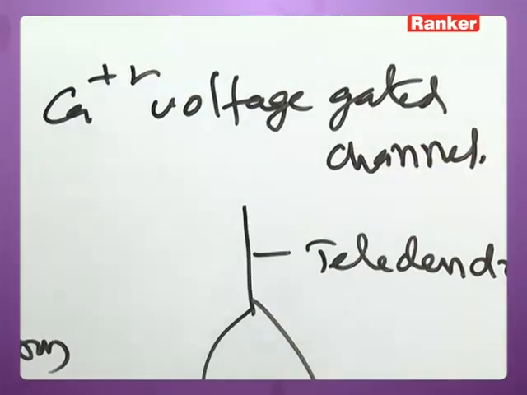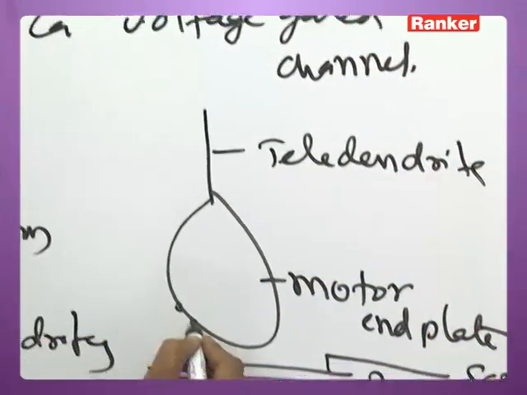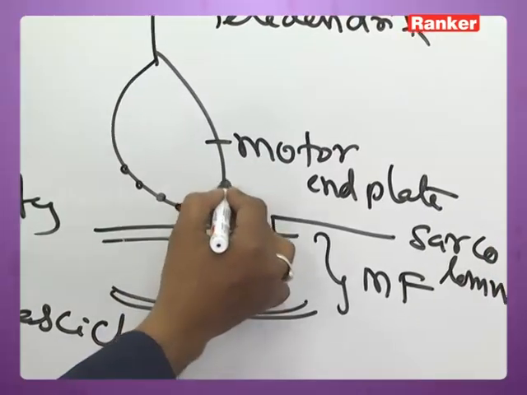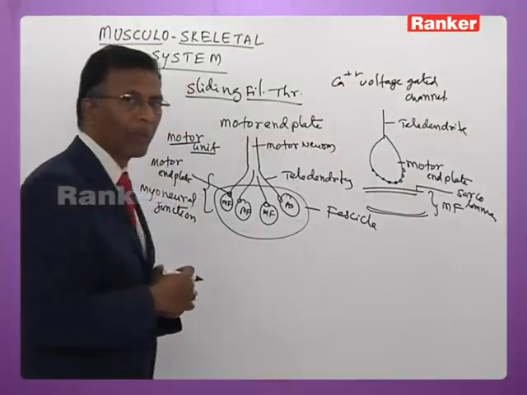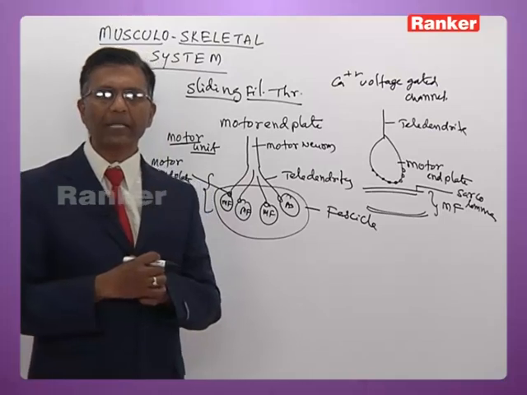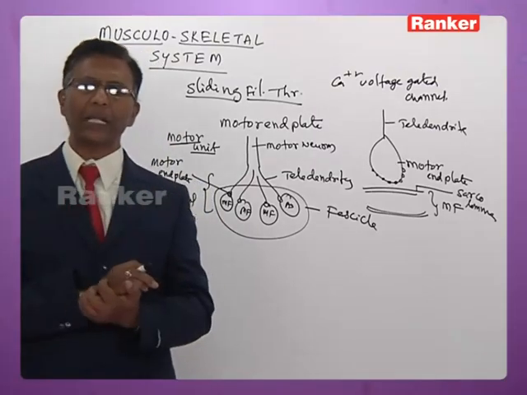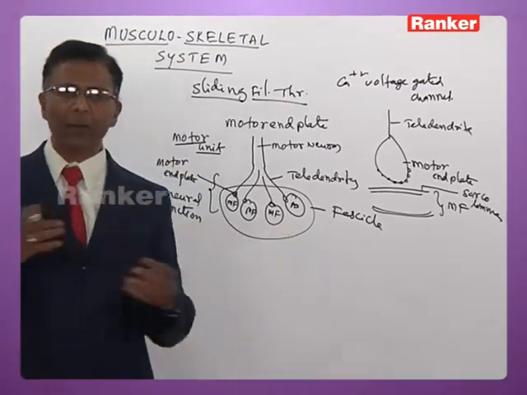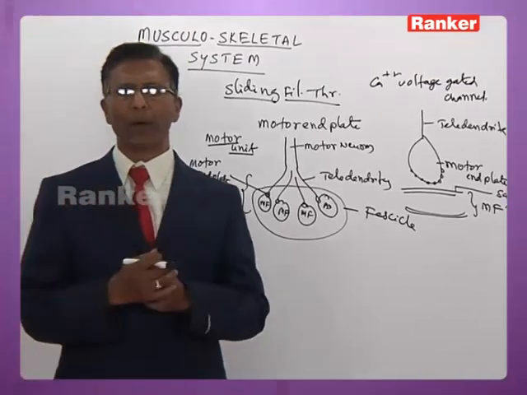Now, when the action potential reaches, all these calcium voltage gated channels are activated. When they are activated, calcium ions present in the extracellular fluid diffuse into the motor end plate in large quantities.